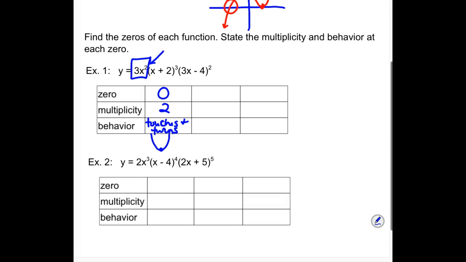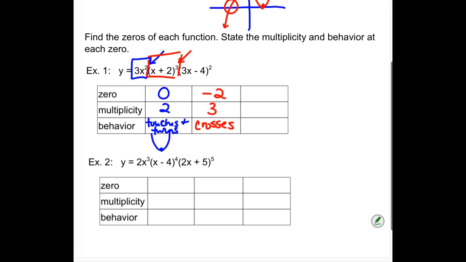My next piece. I have an x plus 2. Notice that it is showing up as a factor 3 times. So what makes it a 0 would be a negative 2, but because it's occurring 3 times, my multiplicity is 3. And since that's an odd multiplicity, it is going to cross the x-axis at that spot.